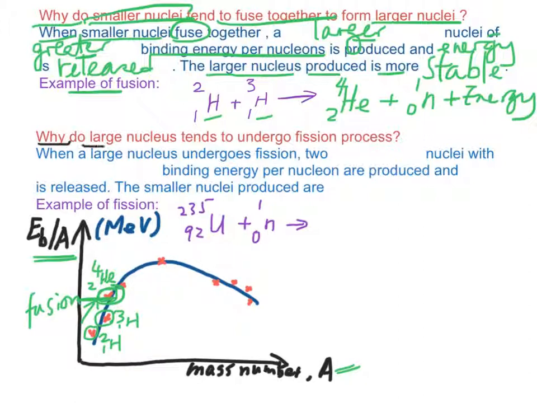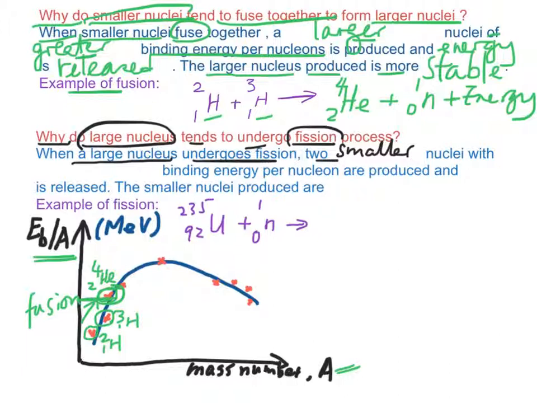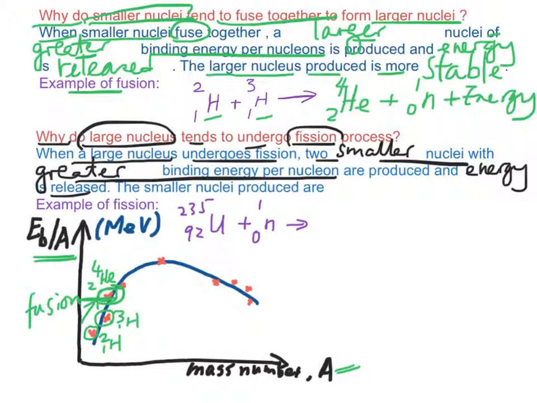Why do large nuclei tend to undergo the fission process? The reason is that when a large nucleus undergoes fission, two smaller nuclei with greater binding energy per nucleon are produced, and energy is also released. In this case, the smaller nuclei produced are more stable.